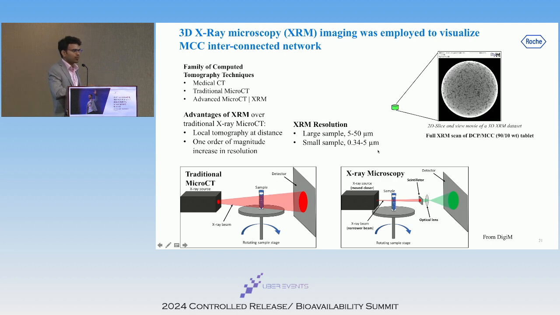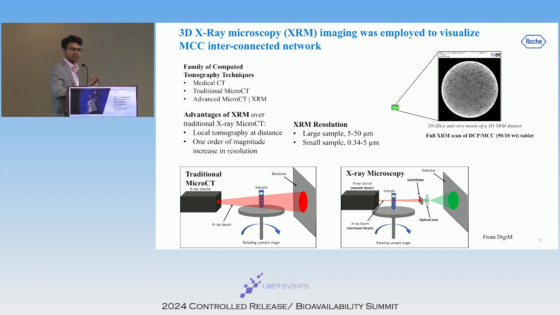Yeah, so what it does is not only is it able to help us understand the microstructures at a very high resolution, but also the image contrast is extraordinary. So shown here is the gray scale spectrum.